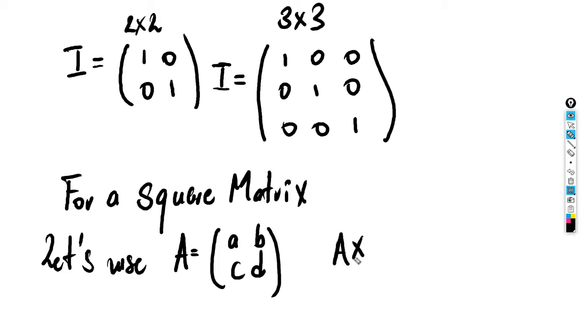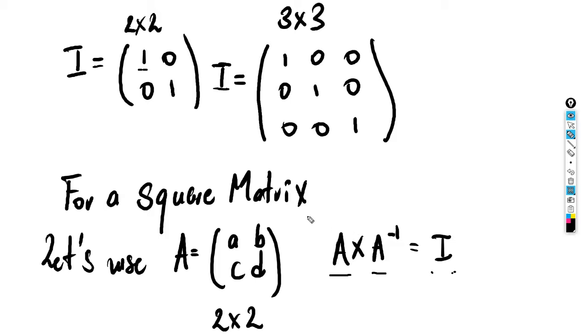A multiplied by its inverse is actually equal to the identity matrix. Cool? So for any 2 by 2 matrix that you have, when you multiply the original matrix by its inverse, you should get the identity matrix, right? Which is 1, 0, 0, 1.